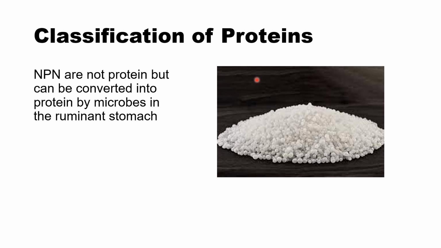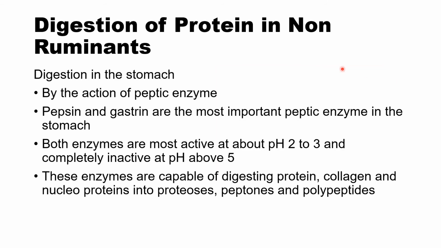Kaya yung ruminant, they have the ability to utilize yung urea. Basta hindi masyadong mataas yung concentration ng urea, they could utilize, mga ruminant, they could utilize yung urea as a source of protein. So with that, with the classifications of protein, let's go naman doon sa digestion of protein in non-ruminants.